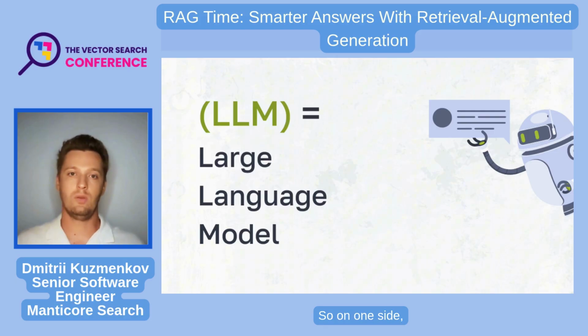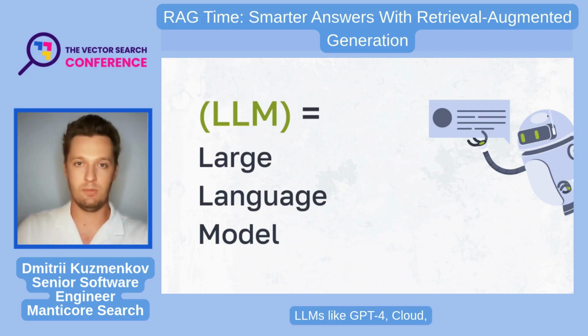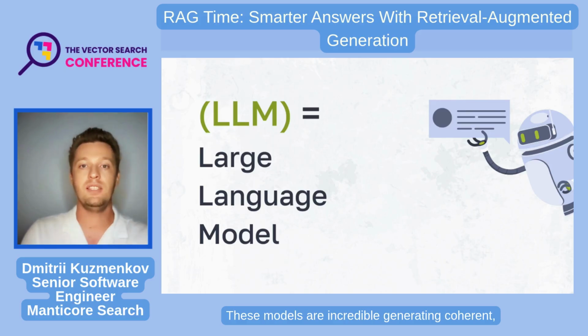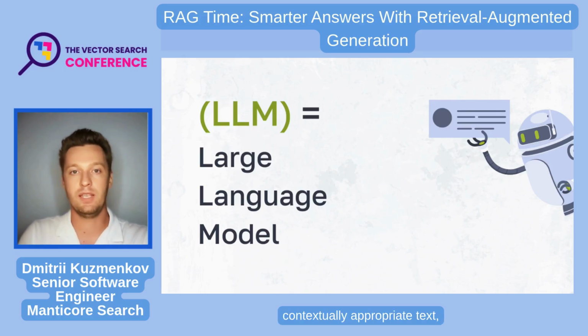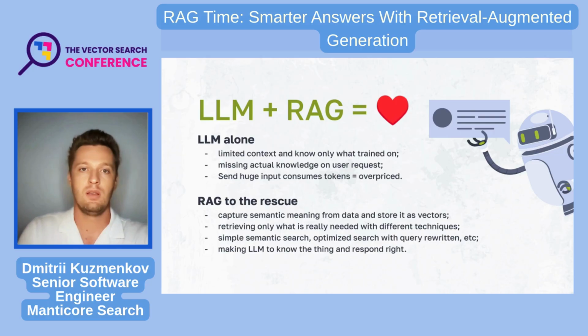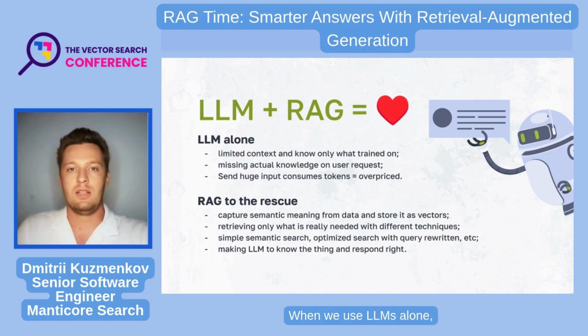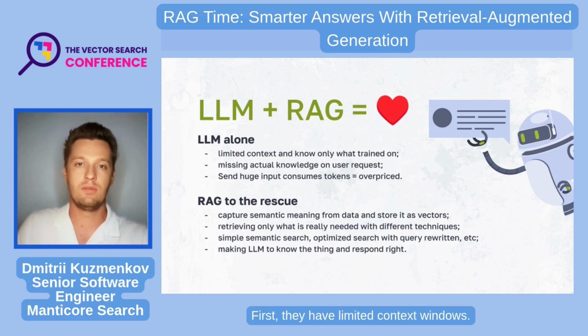So on one side, we have large language models, or LLMs, like GPT-4, Claude, or Llama. These models are incredible, generating coherent, contextually appropriate text, but they have limitations. When we use LLMs alone, we run into several challenges. First, they have limited context windows.